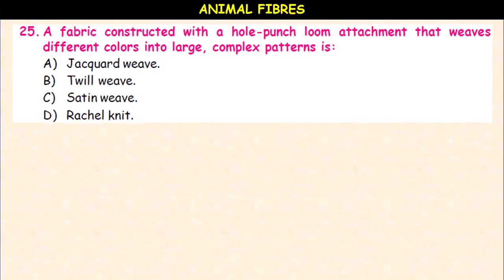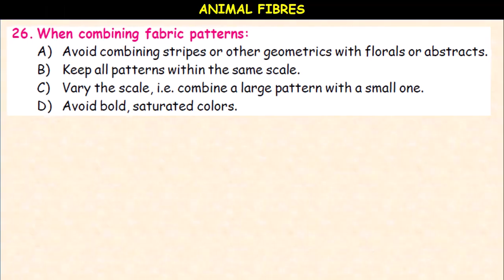A fabric constructed with a hole punch loom attachment that weaves different colors into large complex patterns is jacquard weave, twill weave, satin weave, or Rachel knit. It is jacquard weave. So in the last class we have discussed this.